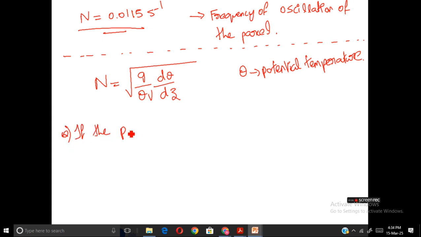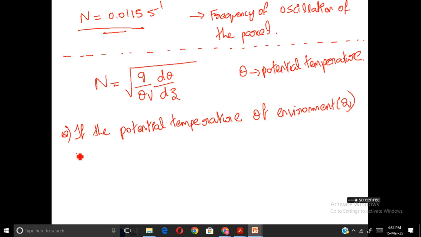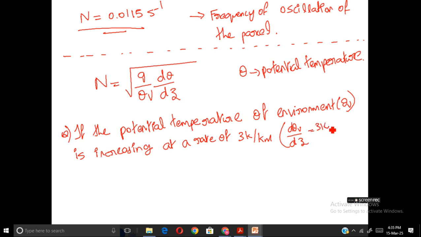If the potential temperature of the environment, theta V, is increasing at a rate of 3 Kelvin per kilometer, which means d theta V by dz is equal to 3 Kelvin per, not 3 Kelvin per kilometer, 3 Kelvin per 100 meter.